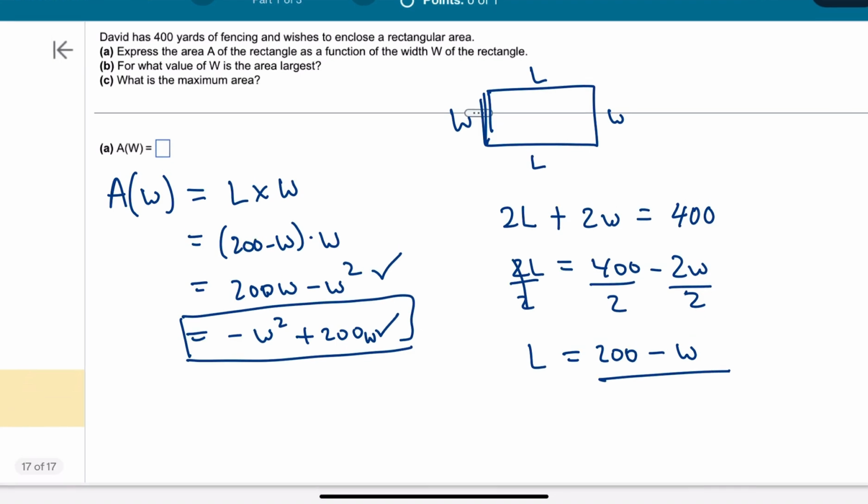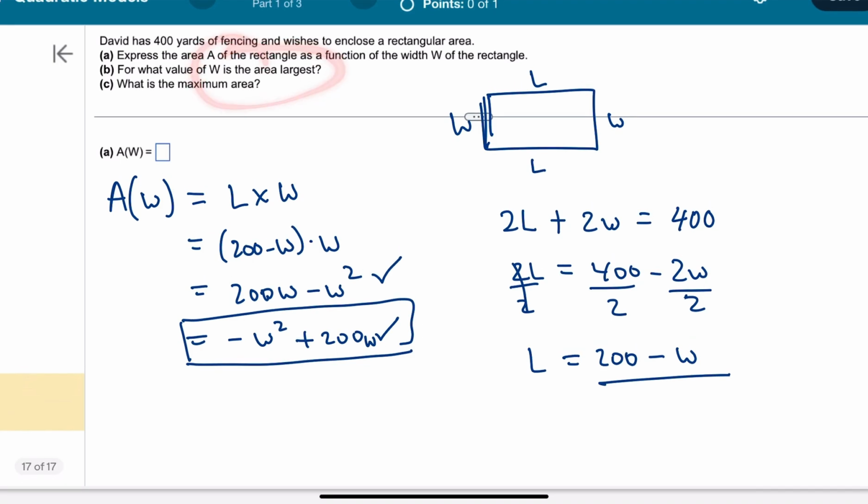So with that being said, to find out what the largest W is, right? Anytime you hear the word largest or maximum or whatever, that usually refers to the vertex, okay? So for B, we really need to find the vertex. But just to put it into perspective here, the vertex is x comma y, right?